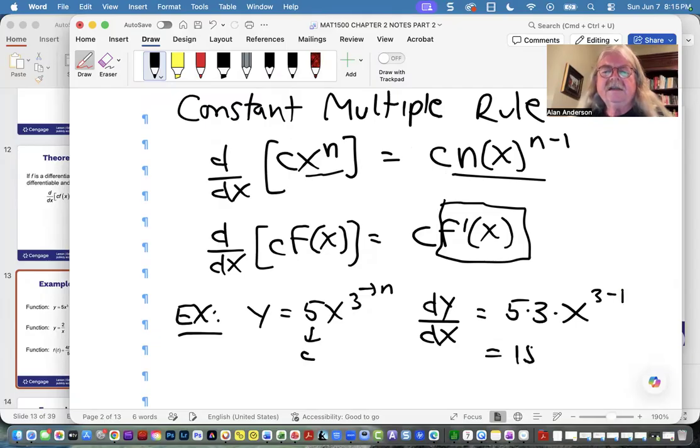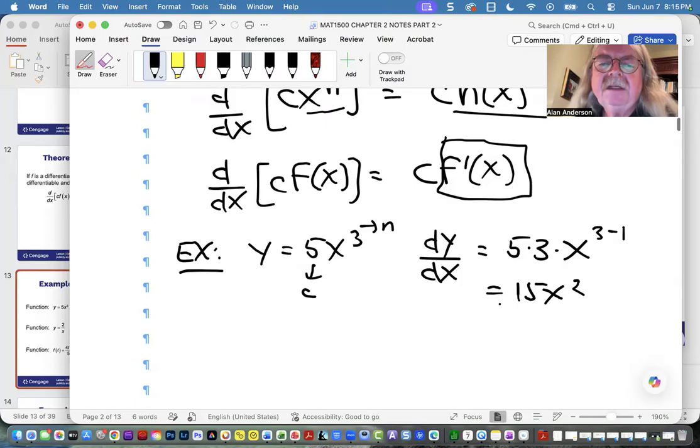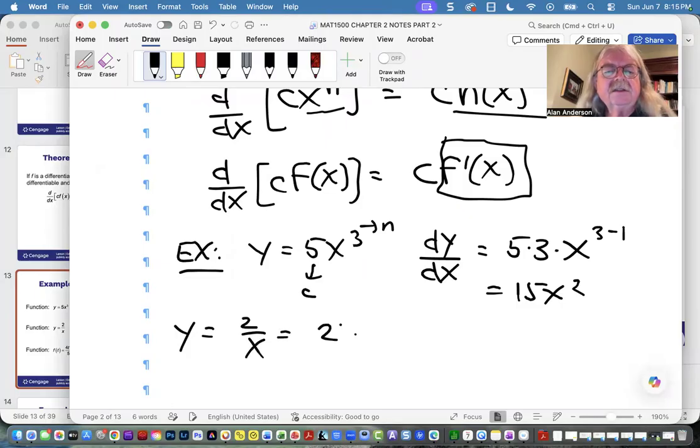Okay, or 15x squared. Okay, so that's what this is telling us. They also have 2 over x, 2x to the minus 1.